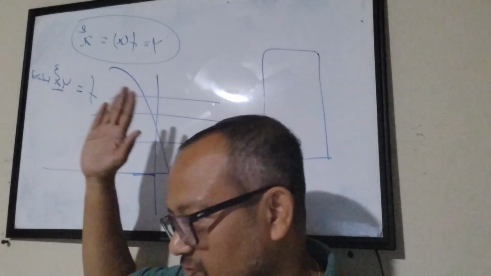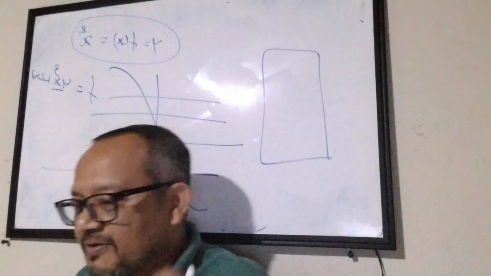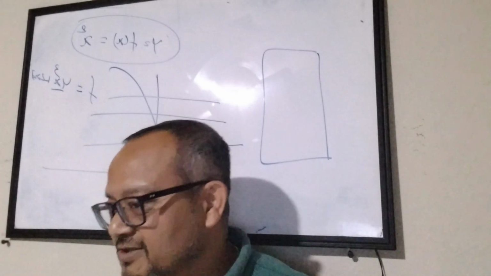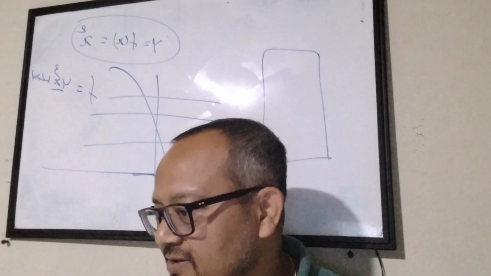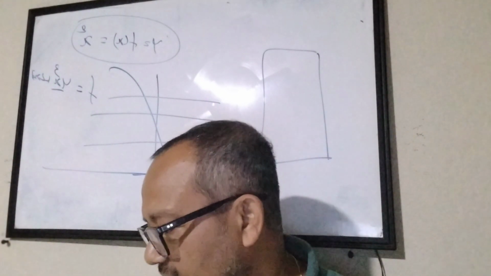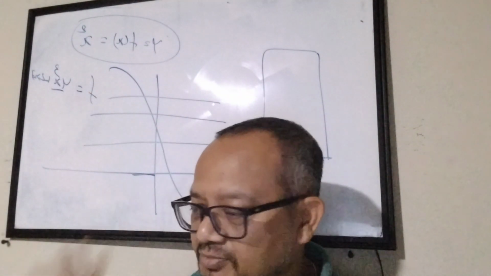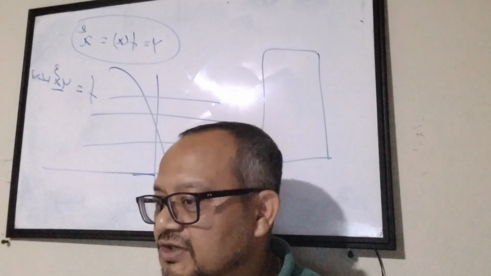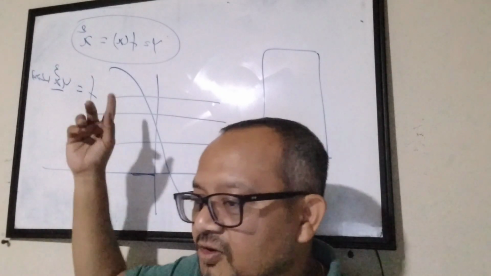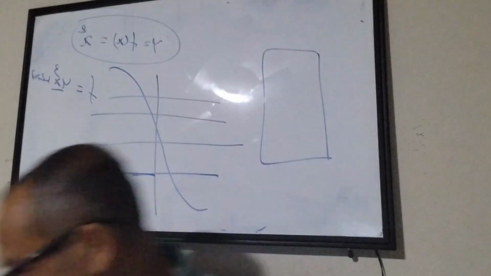So far I was just trying to make sure that whatever I have told is digested and processed before I go on to the next concept. So everybody understood this horizontal line test, plotting a graph from a function and figuring out which one is inversible versus which one is not? Correct?